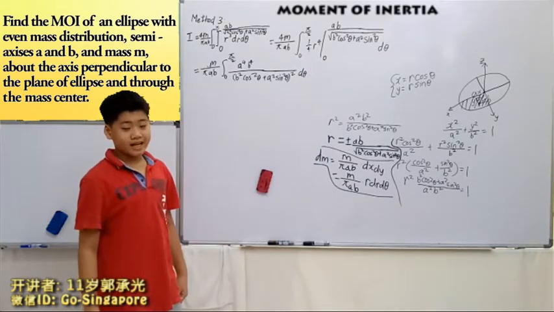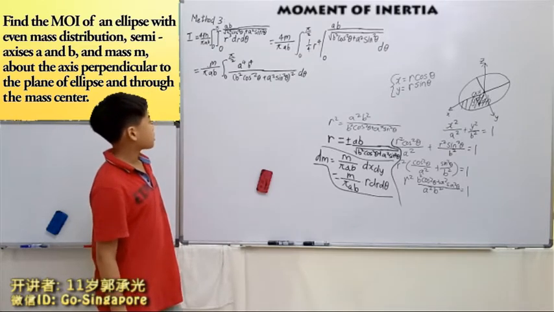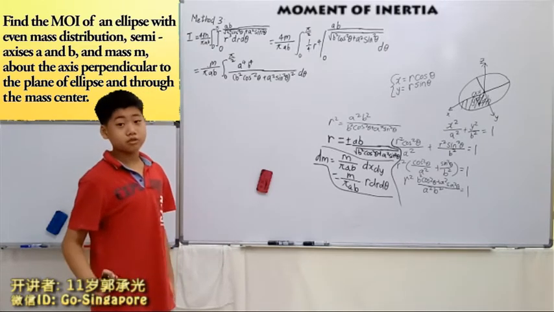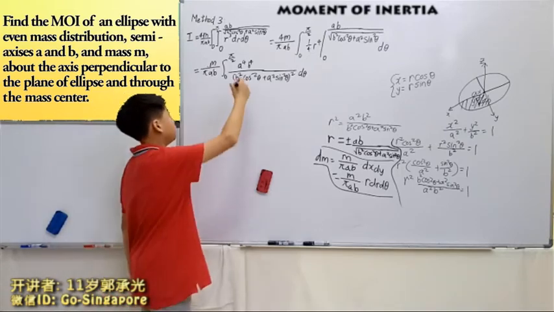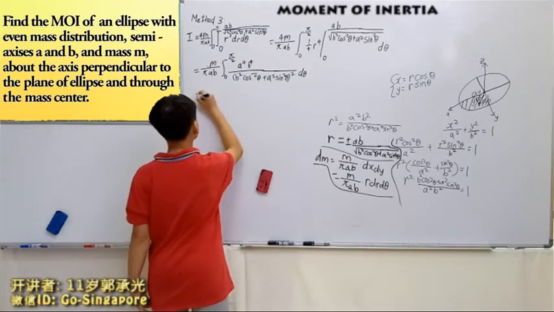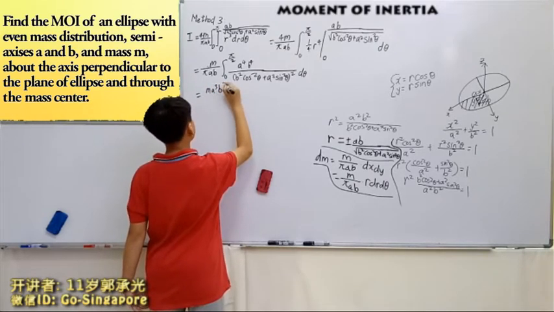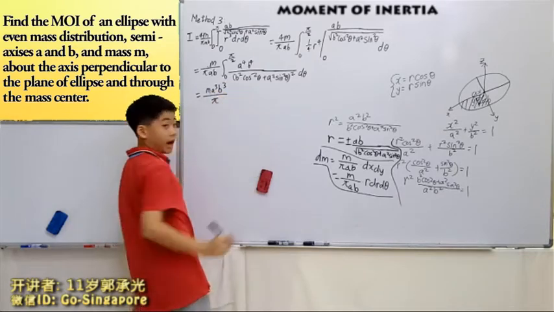At this part, it gets a little bit tricky now. But first, let's not use substitution first. We can first take this out. Yes, we can. It will become a cubed b cubed over pi.